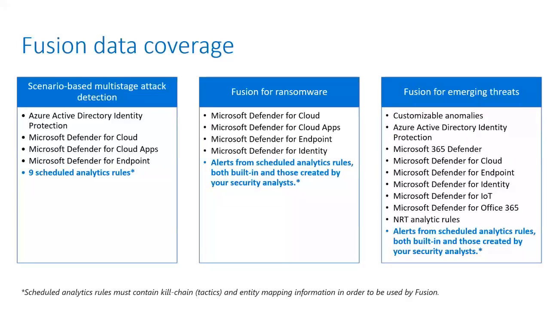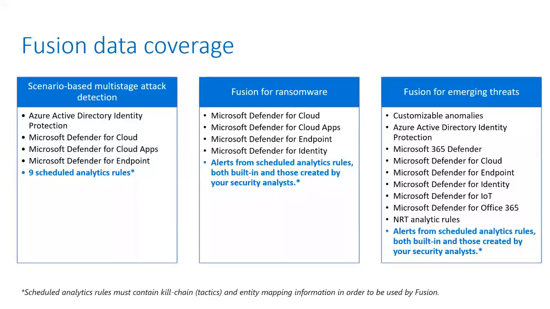When it comes to Fusion for ransomware and Fusion for emergent threats, because the threat patterns are dynamically generated by our ML model every day, that means there are new ones coming up constantly. So we're not listing out all the possible threat patterns in our documentation.